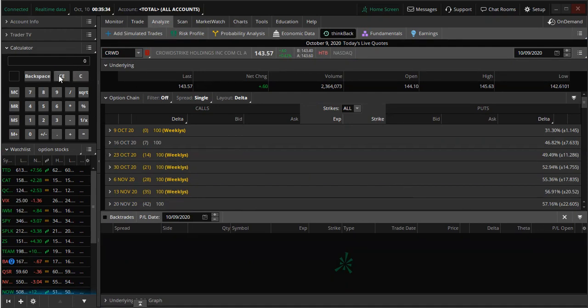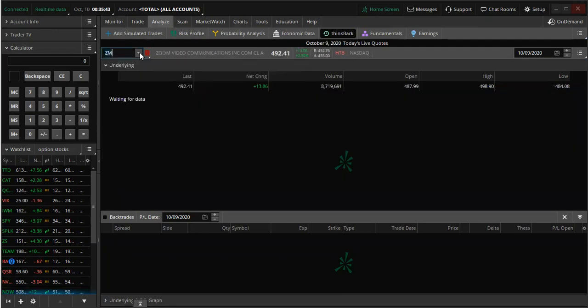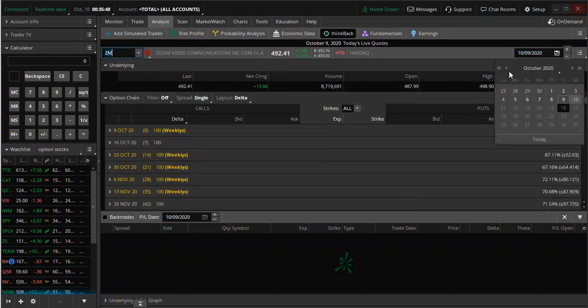Next stock we're going to look at is the one that I'm using right now, Zoom Video. We're going to take the same look back, April the 13th.